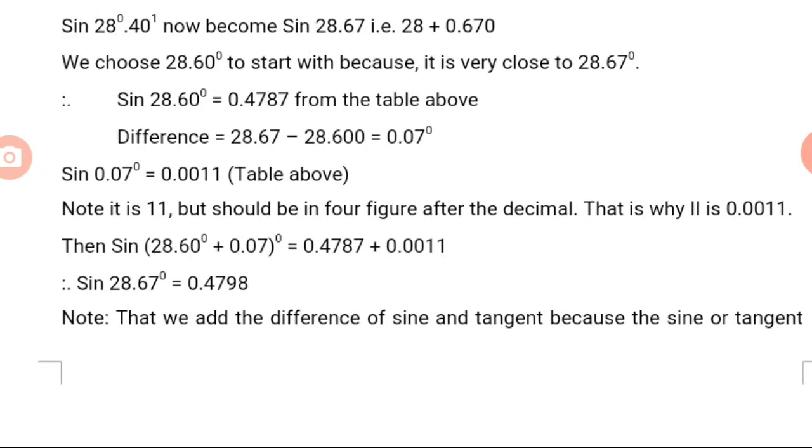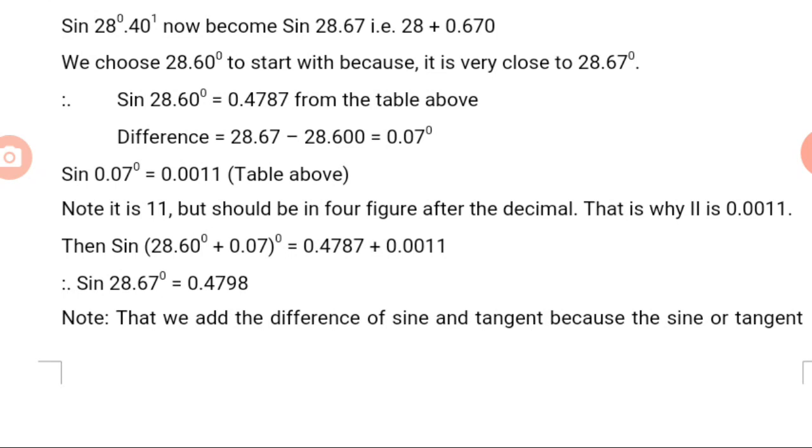So we are now going to write it in 4-figure, that is after the decimal point, 0.0011. So we now add 0.0011 to 0.4787. So sine 28.67 degrees will now give us 0.4798. Are we together?